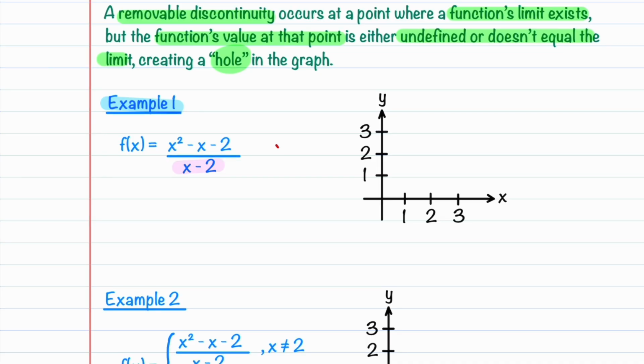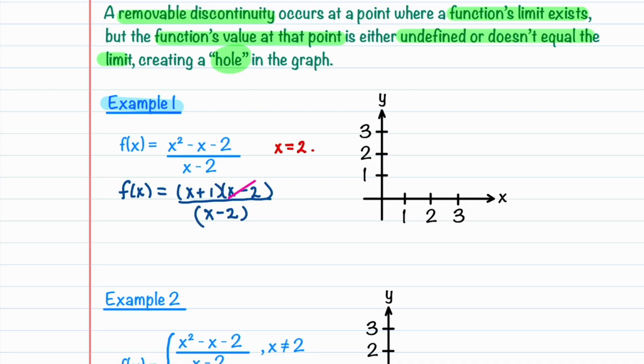Let's just write down here x is equal to 2, so we know that's where it's going to be discontinuous. To understand why this is called a removable discontinuity, let's look at our function and see if we can simplify it. The numerator of f of x can be factored, and let's go ahead and do that. We can factor this as x plus 1 and x minus 2, and that all gets divided by x minus 2.